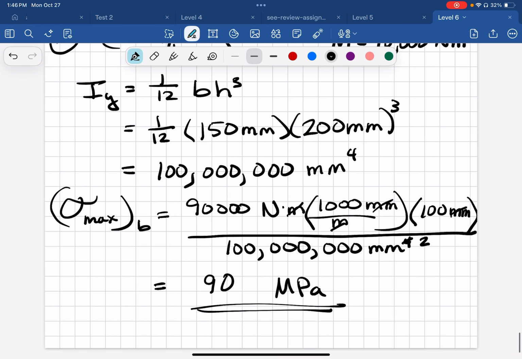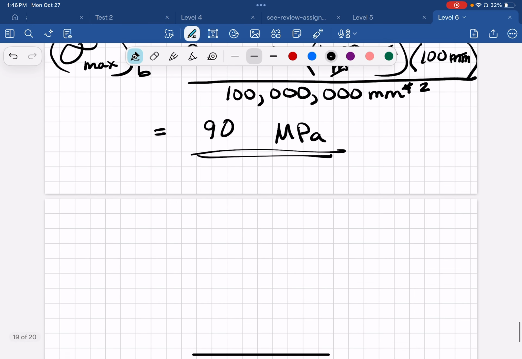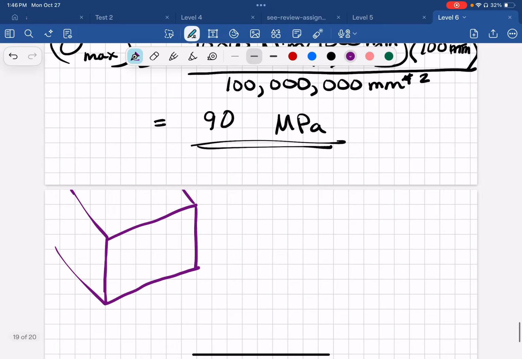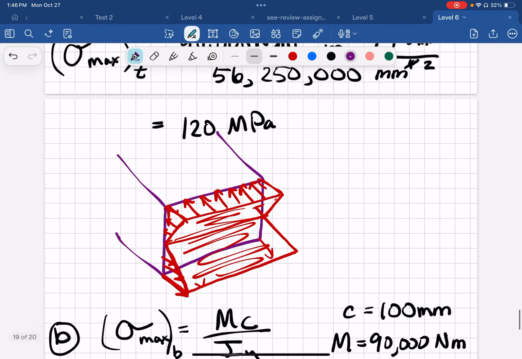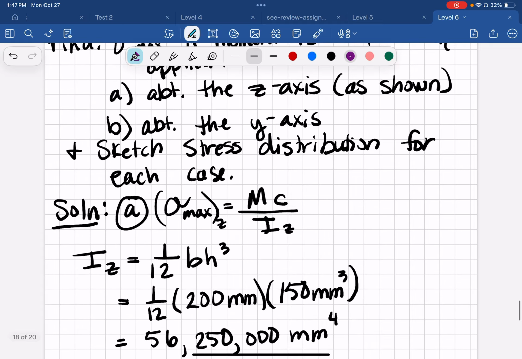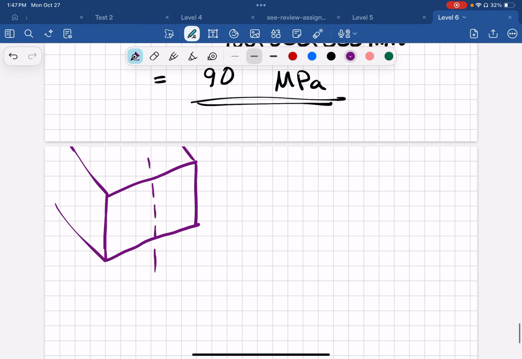And then we need to sketch this one out also. So it's that same base shape that we had, and roughly the same. This one, the moment is going across this way, so the neutral axis is down the center. And then, the way we drew it here, the tension would be on the right side.